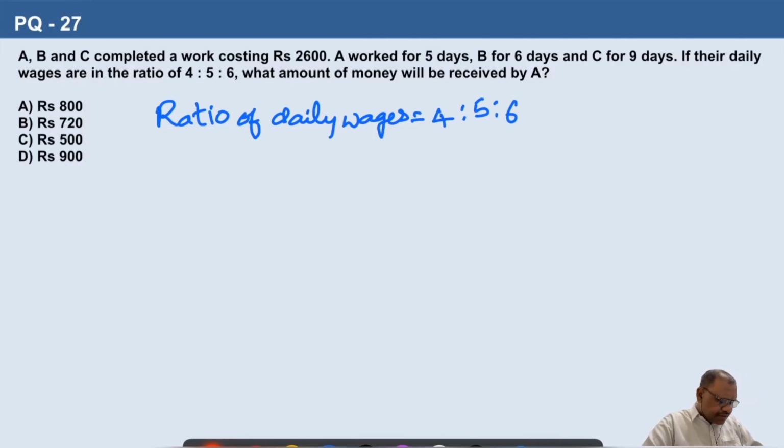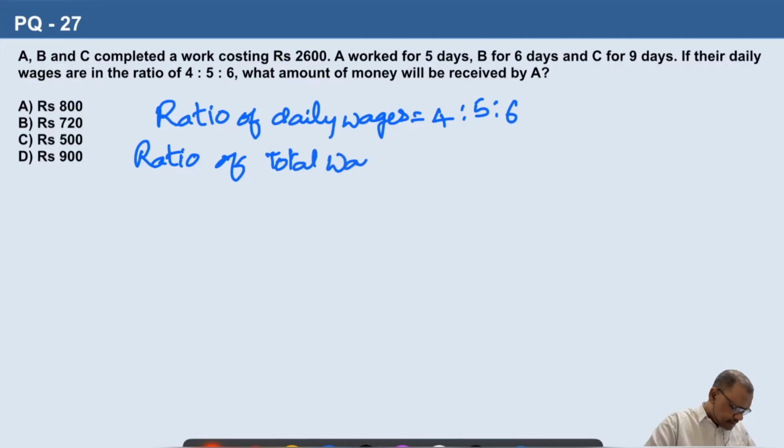So A is working for 5 days, B for 6 days and C for 9 days. So we'll find out the ratio of total wages, because they are working for different days. They are not working for the same number of days.